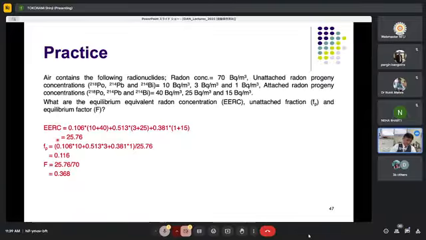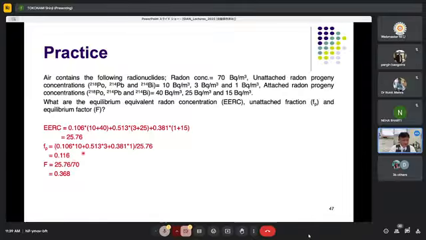Then, in the case of unattached fraction, we can calculate this way. This is the total EERC, and here is the unattached EERC: 10, 3, and 1.